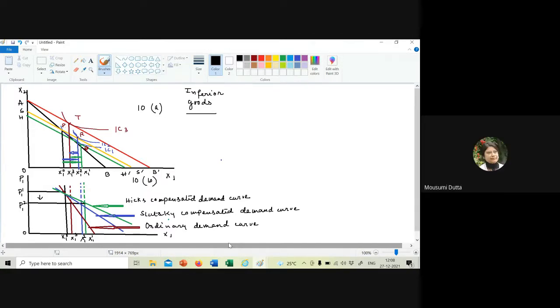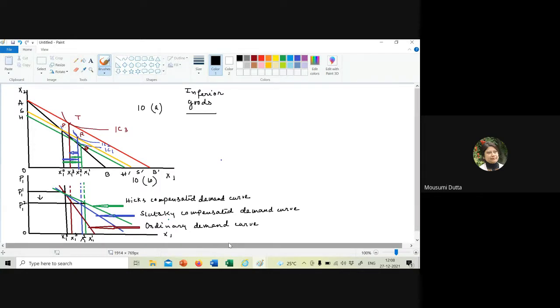Just an ending paragraph, where I'll tell you: suppose I'm withdrawing this change. Here I'm considering this as the initial situation and then there will be a change. Now I'm considering one step further. Suppose I'm withdrawing this change.